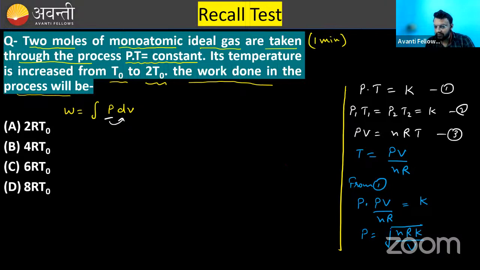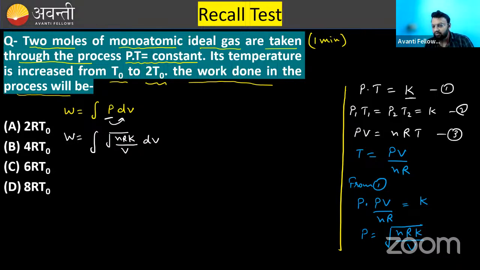Now we will place this value of P in this work done. So now, placing the value, work done is equal to integration of P, which is root of nRK divided by V, into dV. Now n is the number of moles, R is the gas constant, K is a constant.